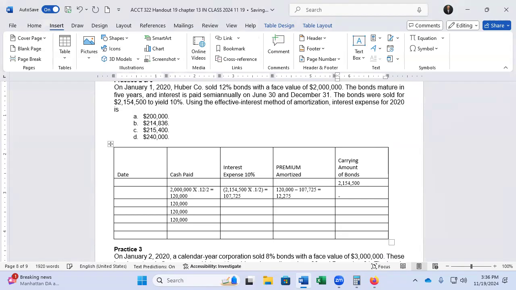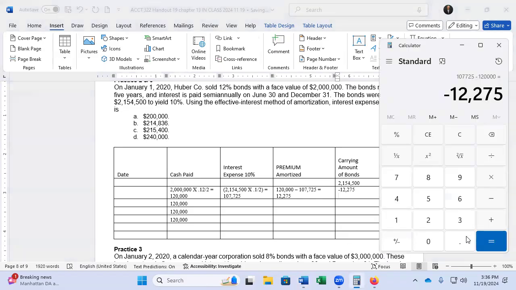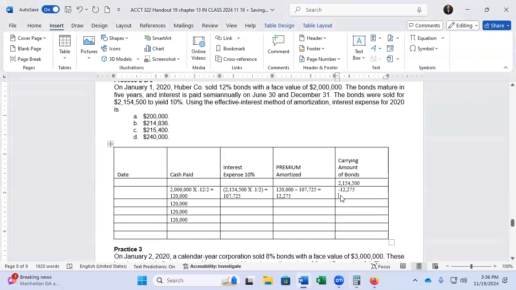And so now we're going to subtract 12,275. And we get 2,142,225. So now we put the 2,142,225 in here.